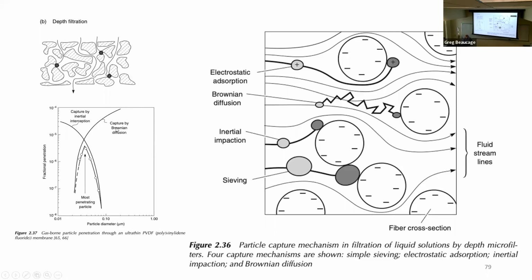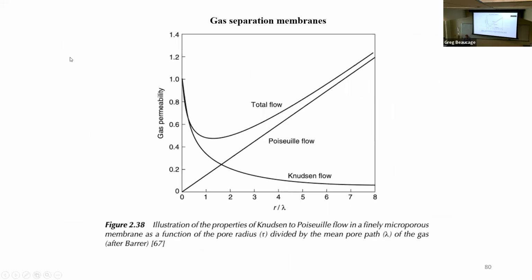Larger particles get captured by the inertia, and the smaller particles get captured because they transport through the membrane, like in gel permeation chromatography. The small ones get separated by diffusion. They get trapped by diffusion, and the large ones get trapped by, yeah, the permeation drops. So the small ones get trapped by diffusion, permeation goes to zero, and the large ones get trapped by hitting the walls of the sand, right? So there's a point where you get most penetration for a particle size between those two things for a porous membrane, right? And the other thing is this.